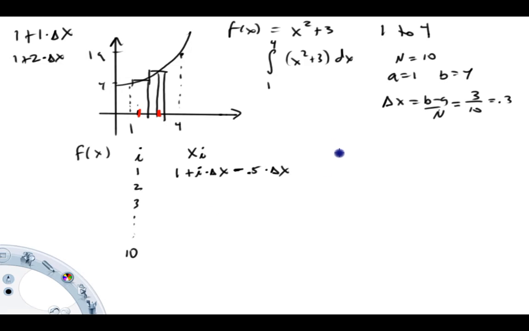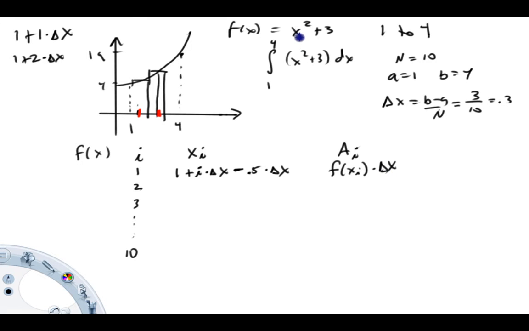And what I'm going to do now is have Excel calculate what I'm going to call A sub i, the area of the ith rectangle. Now, the length of the rectangle is the function value at the appropriate spot, and then the width is delta x. So the area of the ith rectangle, I could write as f of x sub i times delta x.